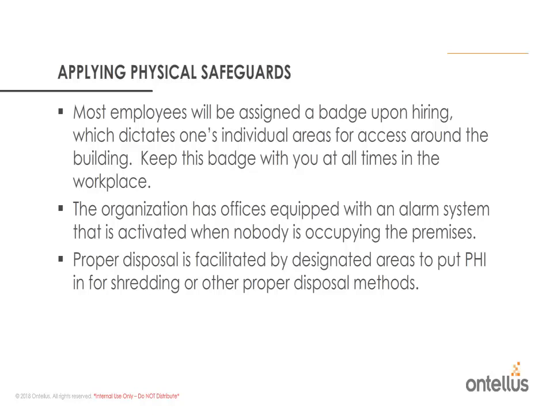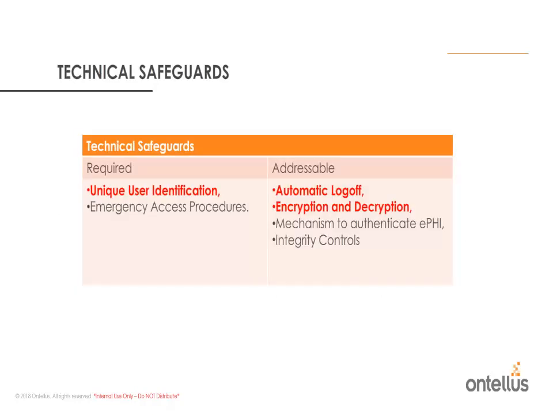Also, the organization may have office buildings equipped with business security systems which will arm the premises while nobody is occupying them. Proper disposal may be facilitated by designated areas in which to put PHI for shredding, destruction, or other proper disposal methods under HIPAA. And here is a list of HIPAA technical safeguards.